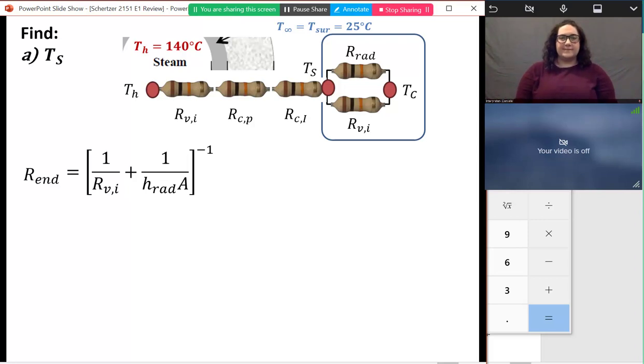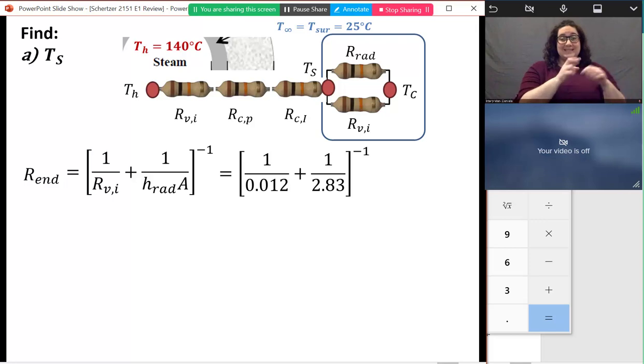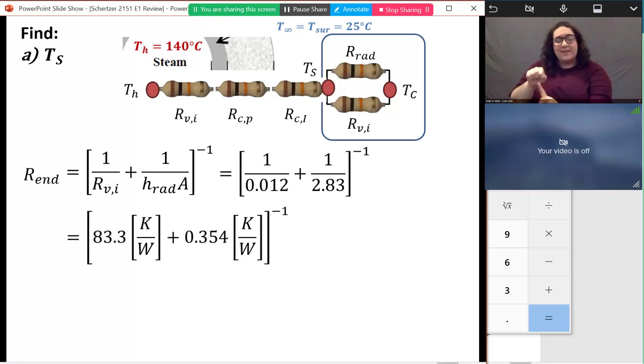So now my resistance at the end is going to look like this. I might at first look at this and say, oh, 2.83 is a lot bigger than 0.012, so maybe radiation is going to be important. But it's important to remember that here we're going to add up the reciprocals. So we'll see what happens when we do that. When we take 1 over 0.012, we get 83. And when we take 1 divided by 0.283, we get 0.35, right?